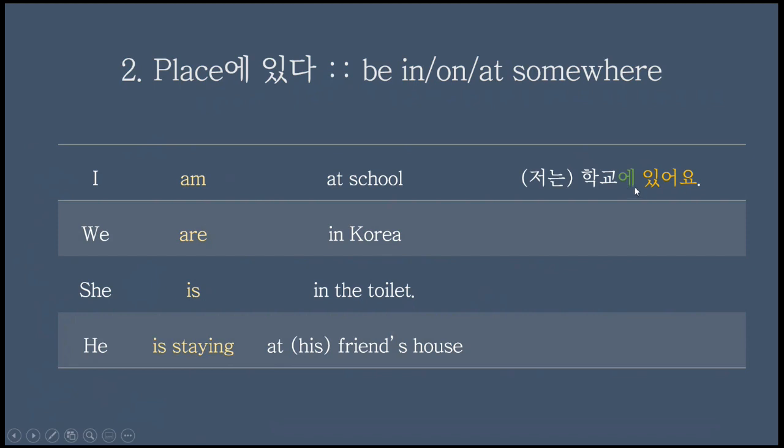So you need this structure, 있어요. And don't forget to put 에, the location marker. The second one, we are in Korea. 한국에 있어요. Don't forget the location marker, 에.